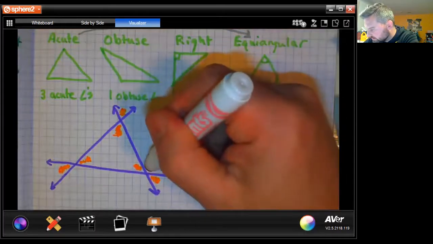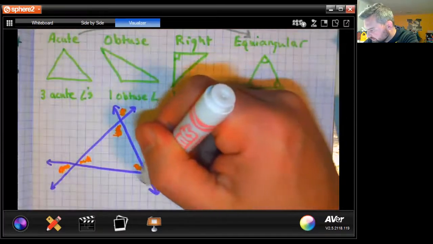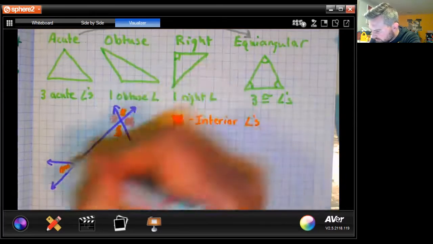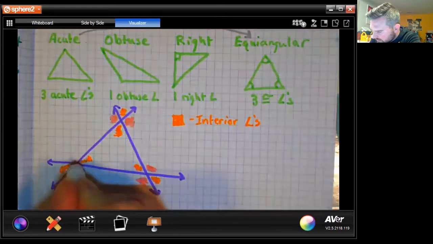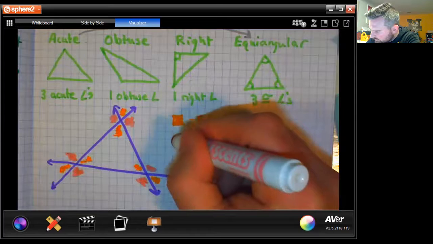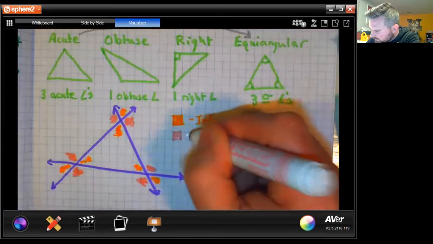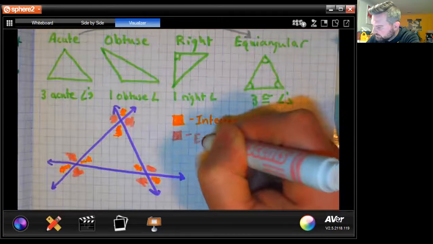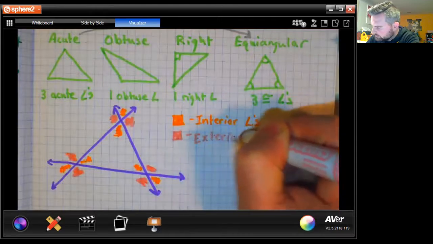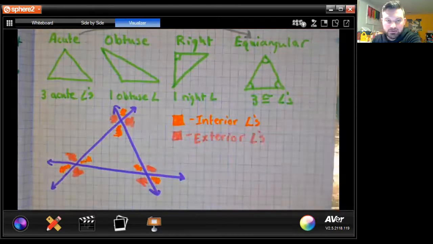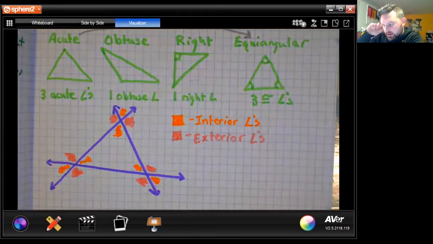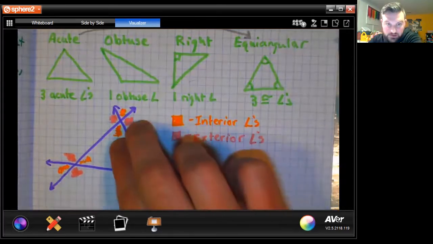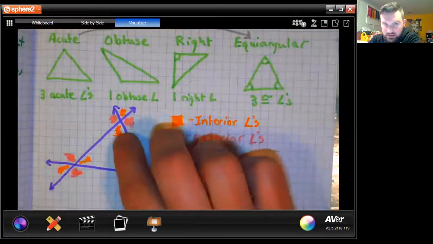So this angle, this one, this one, this one, there, and there. So these are outside or exterior.